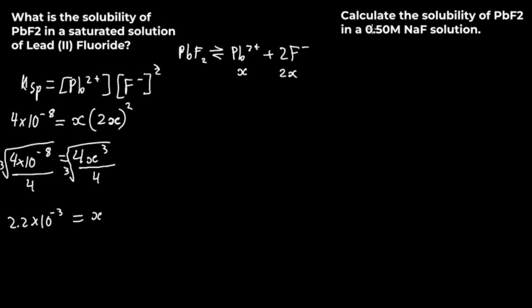But now it's asking us to calculate the solubility of PbF2 in a 0.5 molarity sodium fluoride solution. So again, I really recommend that you make an ice table for this.